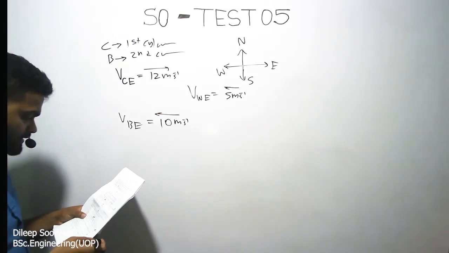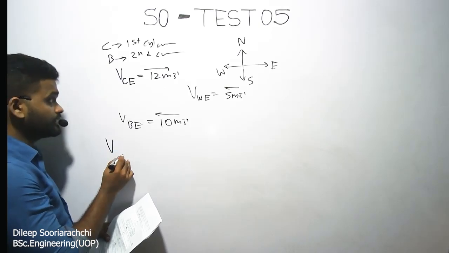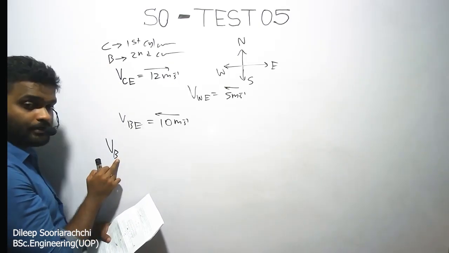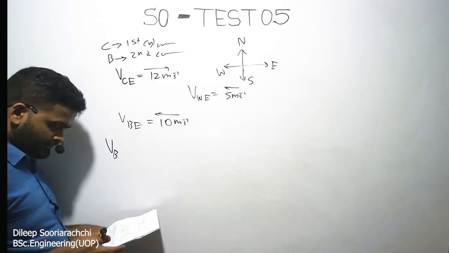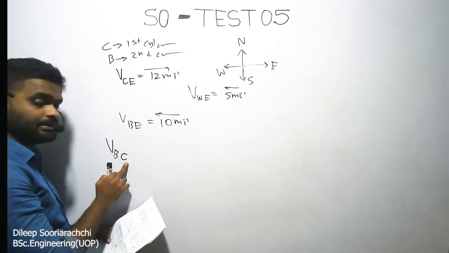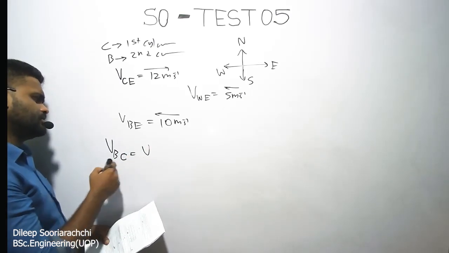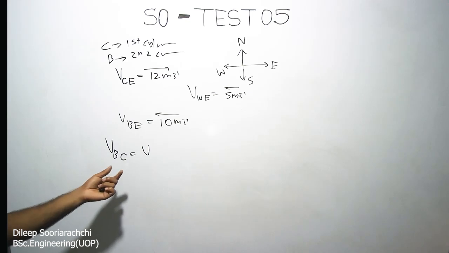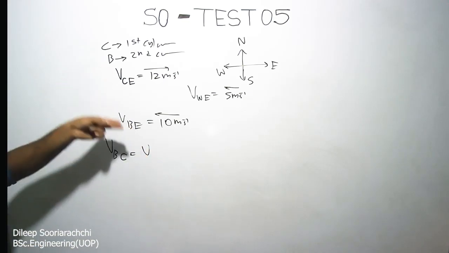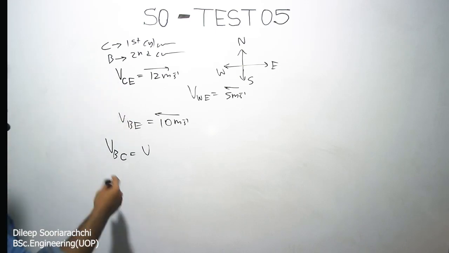So what they ask is the relative velocity of the second cyclist, meaning the velocity of B with respect to C, meaning relative to C. Velocity of B relative to C. Then you can put wind here, or else you can put earth, because everything is in earth terms, earth velocities.